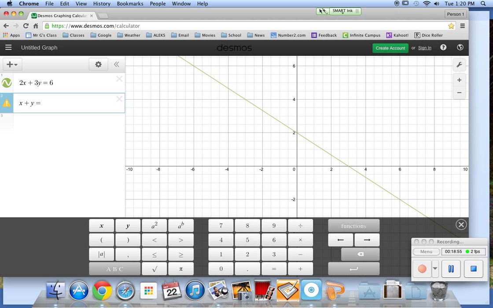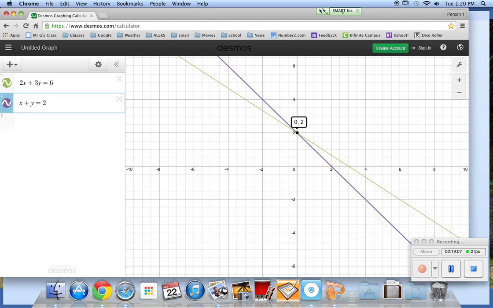Okay. And that's what we figured out for it, right? Here's my coordinate. 0, 2. So when you graph the two equations, you should be able to find a solution for those two equations. That's what they mean by graphing to solve.